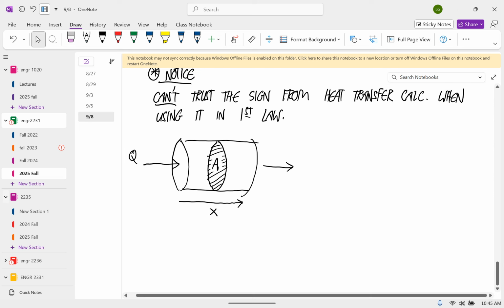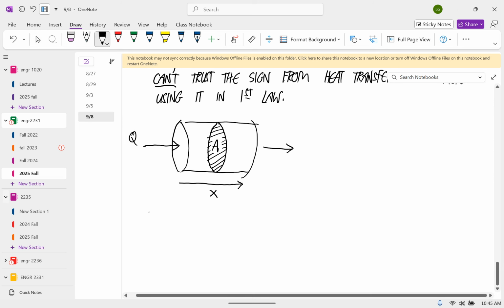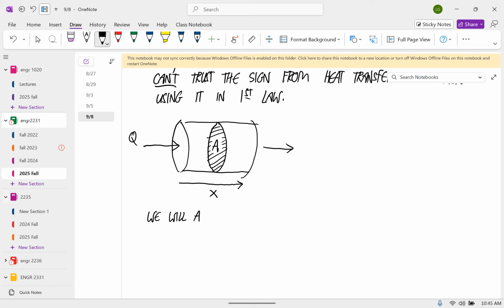One thing that we're always going to do to simplify this is we will always have a linear relationship between temperature and x.